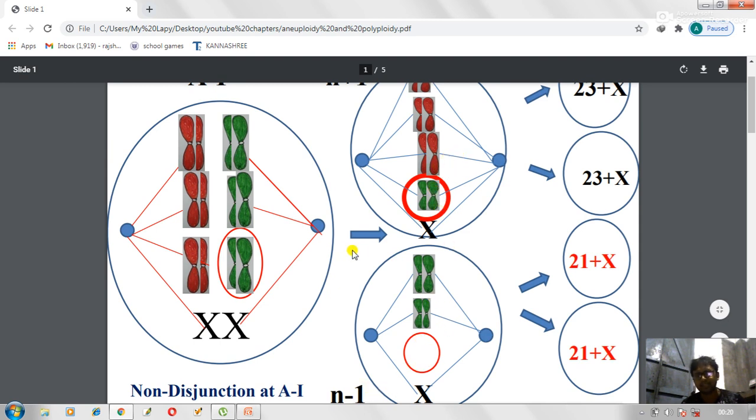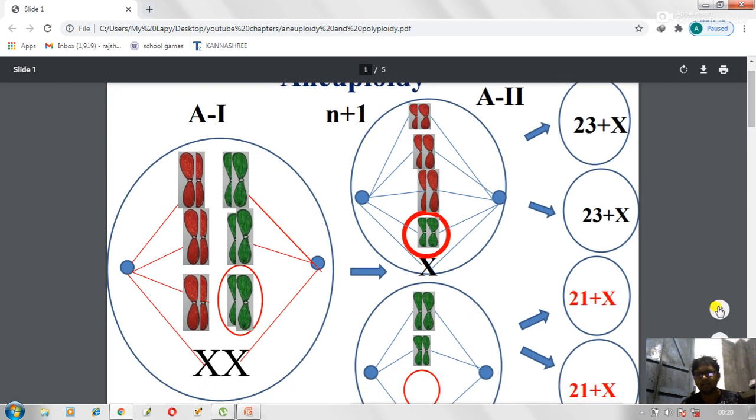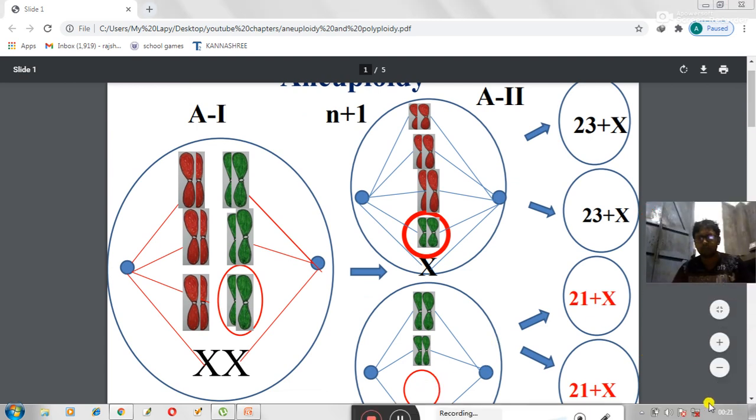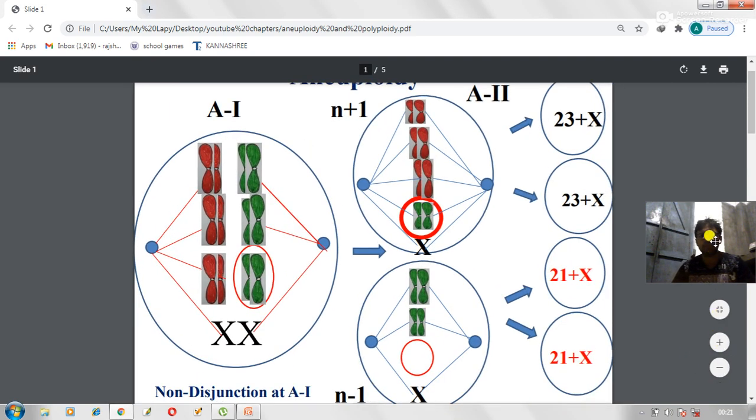So as a result of the first meiotic division, two cells develop, one with n+1 and another with n-1.